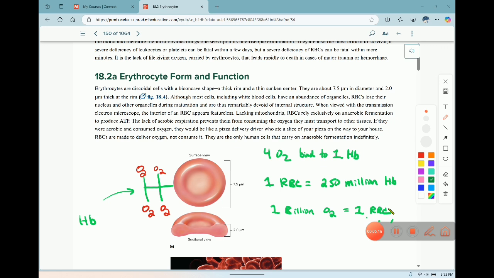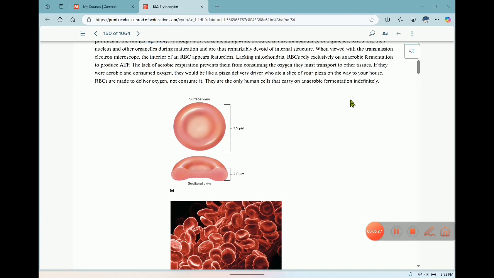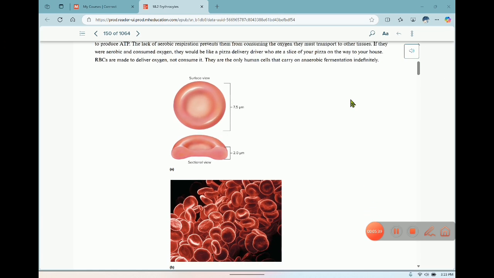And we have a lot of red blood cells in our body. The average person makes about 500 billion red blood cells per day. 500 with a B, 500 billion red blood cells per day. Now a red blood cell lives about 120 days.